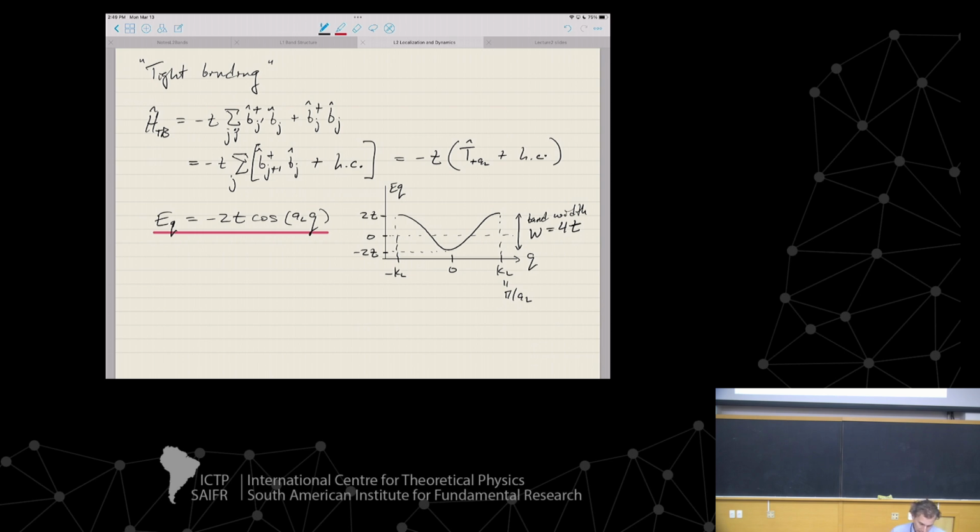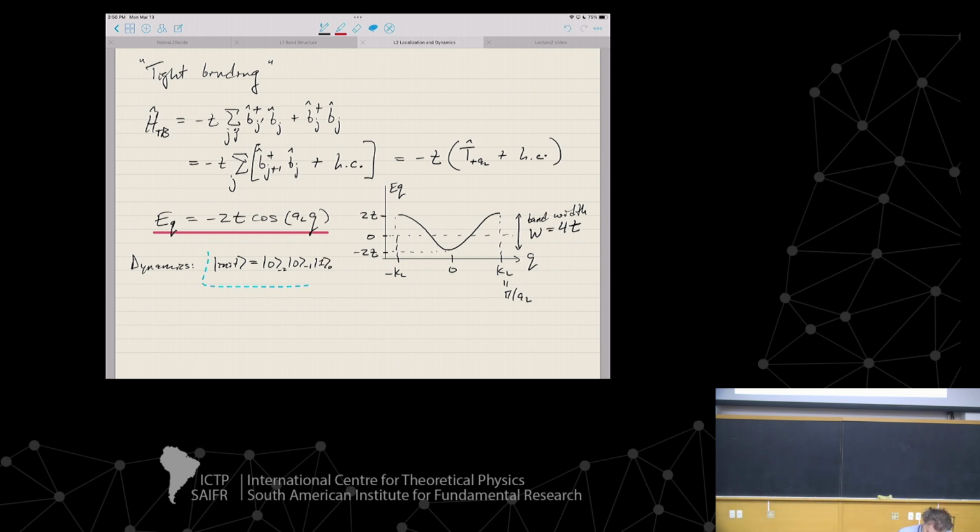Okay, so let me show you now what happens if we put a single particle into an optical lattice and start to iterate time by applying this Hamiltonian. And for instance, what if I start out with some initial state where I have no atom at any site except for a central site?